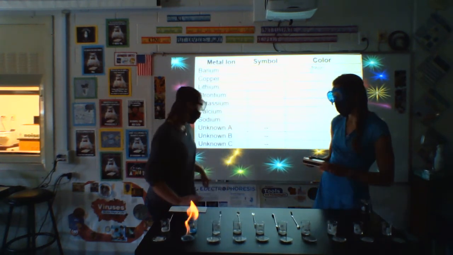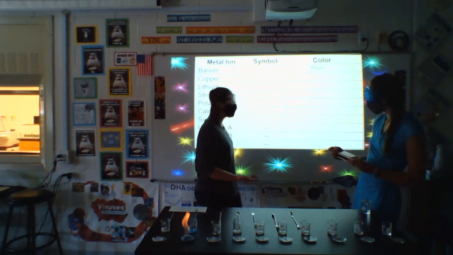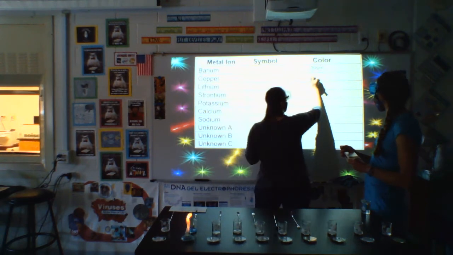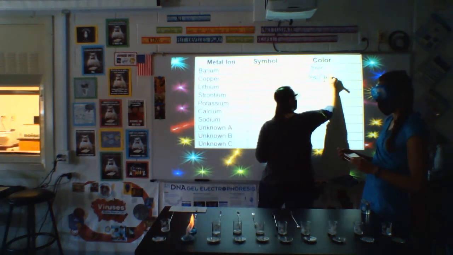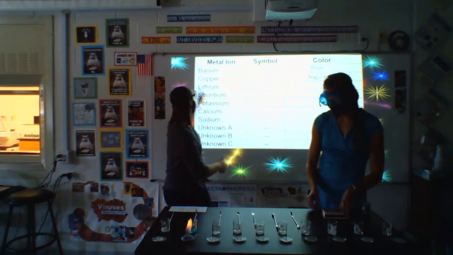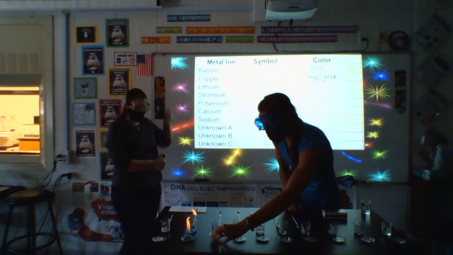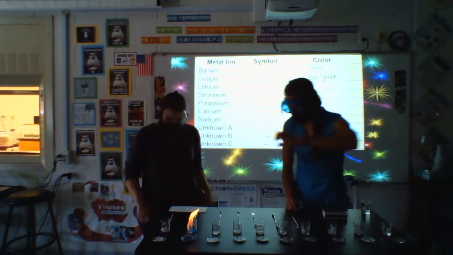So I'm gonna put greenish, like dark green, kind of teal here. Teal, green color. So if your favorite fireworks are like these ones, this little tealish color, you are looking at copper going back down to its ground state.